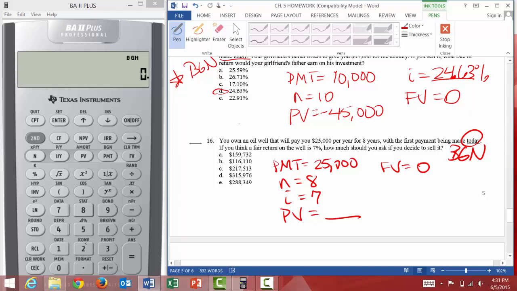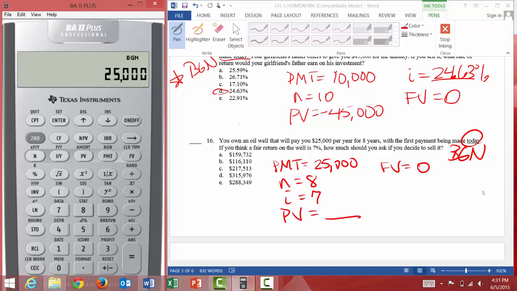Okay, so let me go to 25,000 and hit payment. 8 is N, 7 is I, 0 is future value, and then hit compute present value.